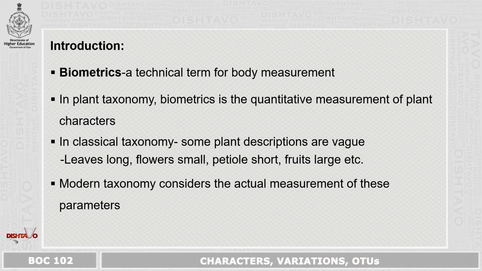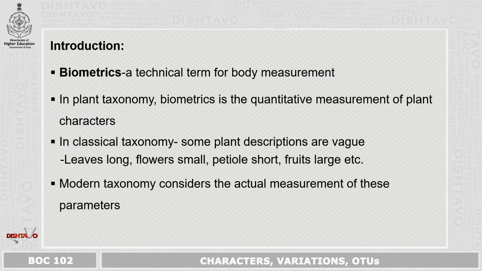In classical taxonomy, some of the plant descriptions are vague. You will find descriptions such as leaves are long, flowers are small, flowers are large, petiole short or long. Like this, these terms will not give you the definite length or any idea of the structures.